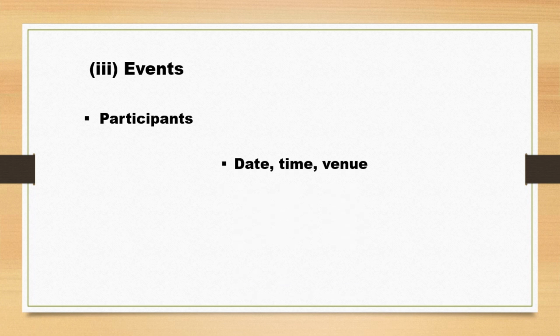Date, time and venue: we should mention on which date the event is going to happen, at what time it is going to be organized, and the venue, the place where it is going to be conducted. Name of the event is very important, because without the name of the event and competition, the participants won't know what is to be done in the competition.